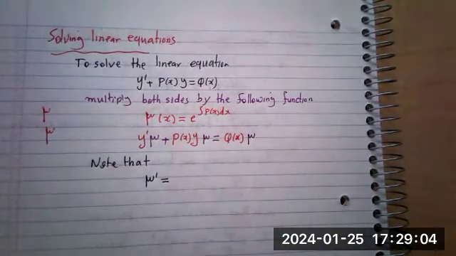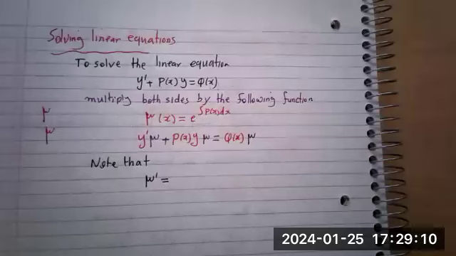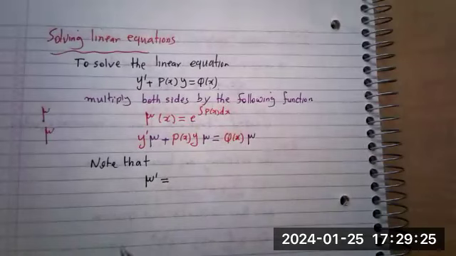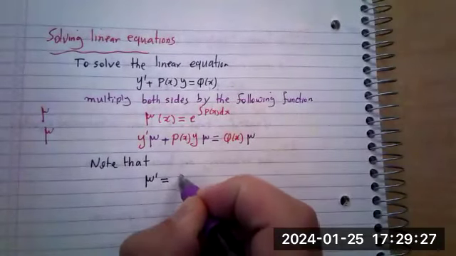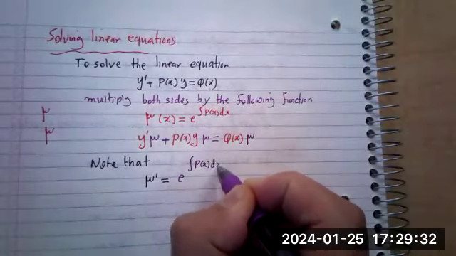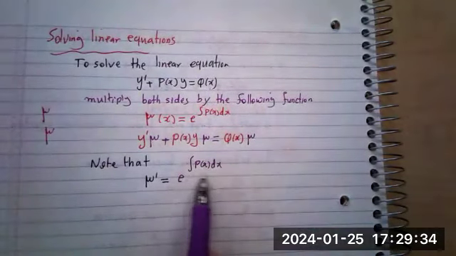The derivative of an exponential function is the exponential function as is, but you have to multiply by u prime, the derivative of the top.